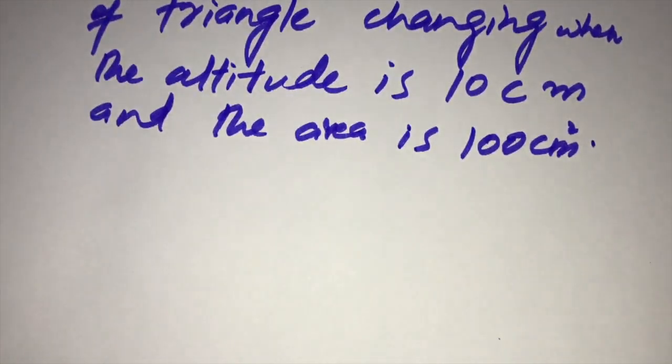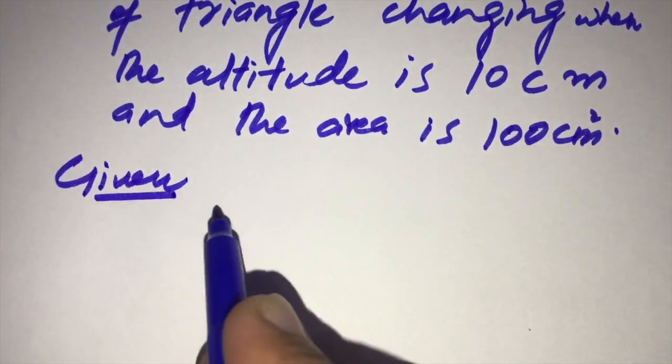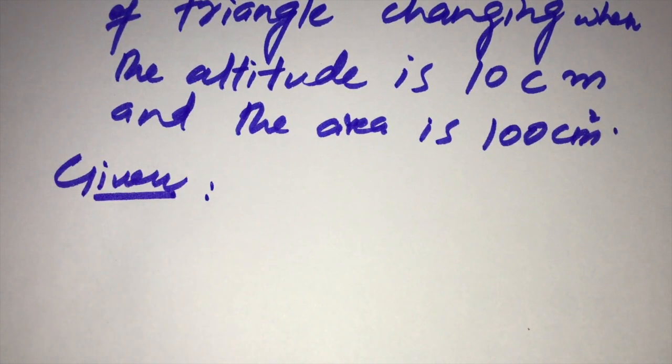First we write the given data. The given data is dH by dt, meaning the rate of change of altitude.